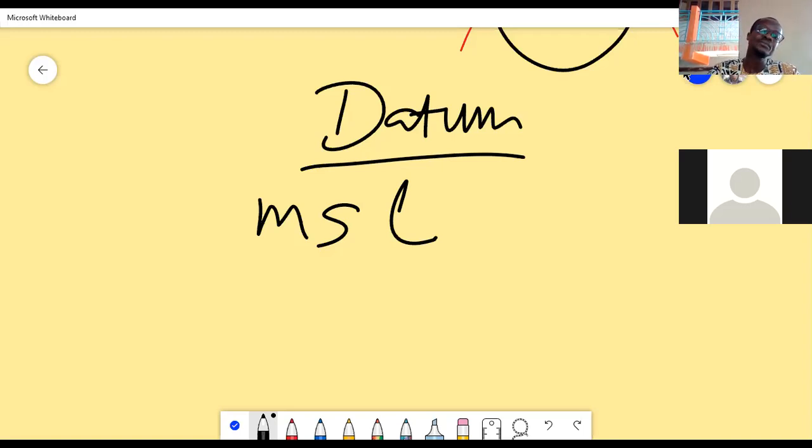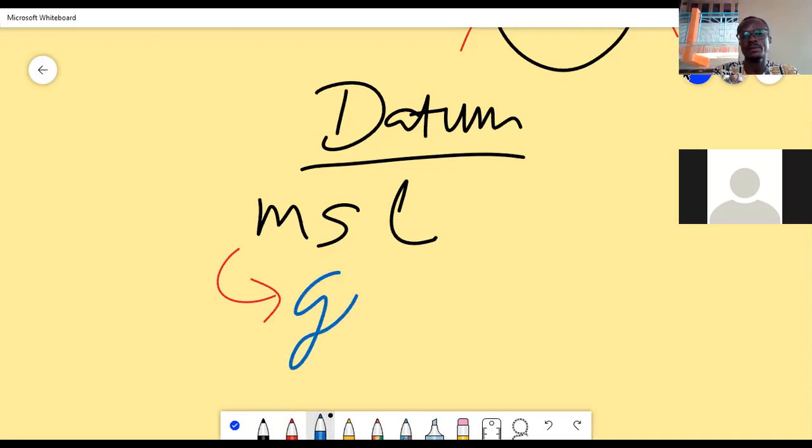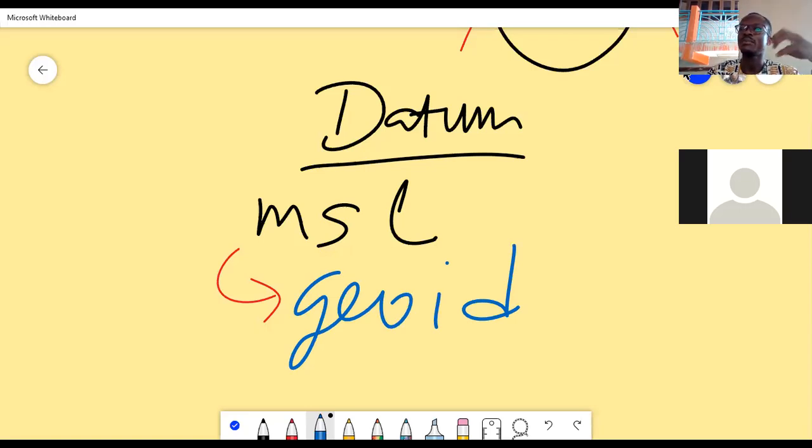When you extend the mean sea level, you get a surface called the geoid. Take the mean sea level, go to the shore, measure it, and then imagine it mathematically extended around the earth. You end up with a shape which is not regular.